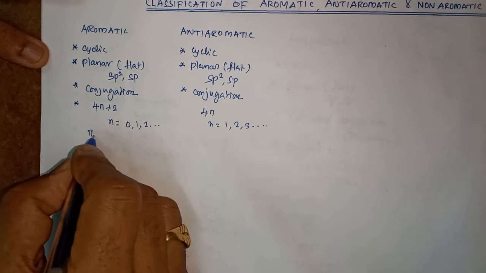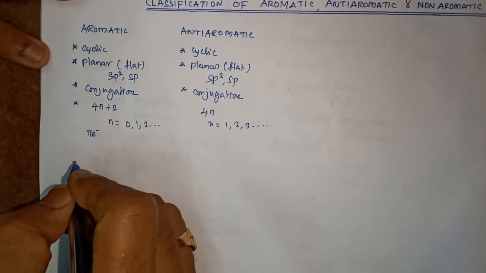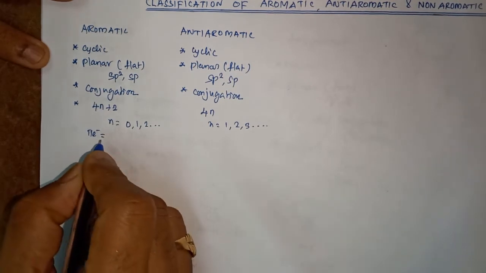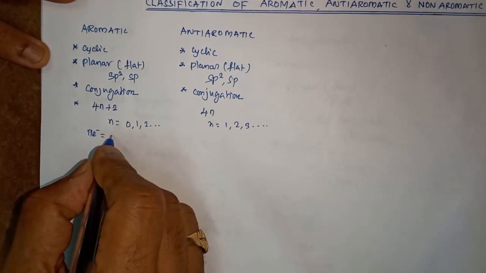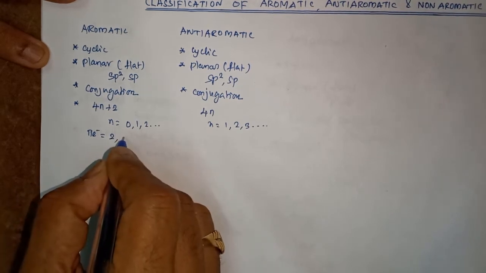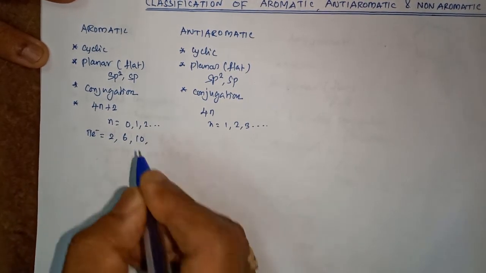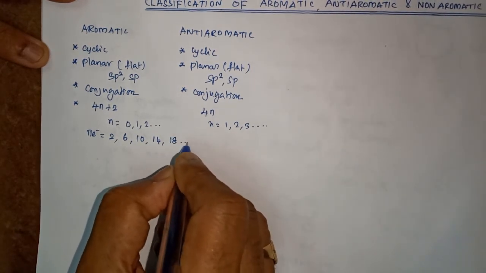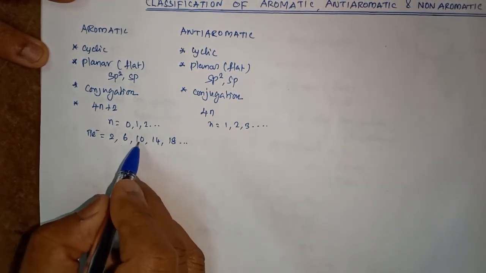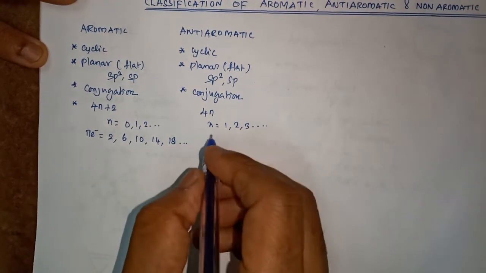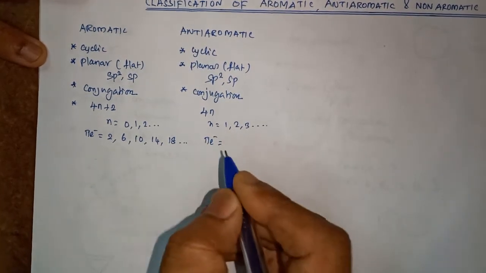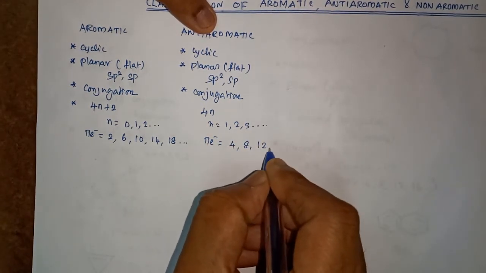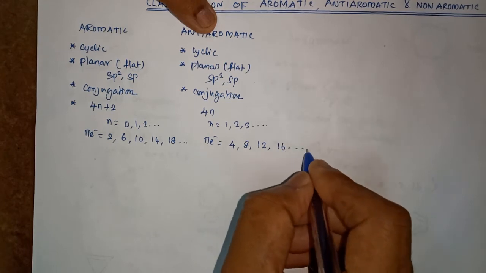Here the pi electron number in the ring for aromatic compounds should be 2, 6, 10, 14, 18 like this. For anti-aromatic, the pi electron number in the ring is 4, 8, 12, 16 like that.